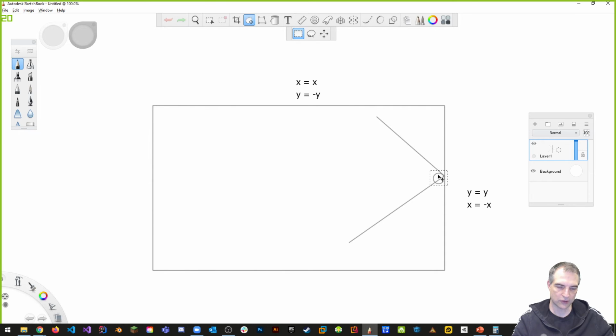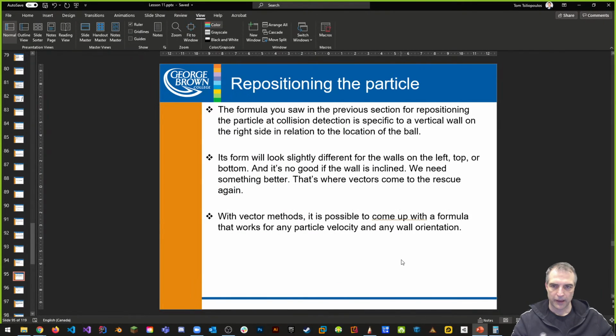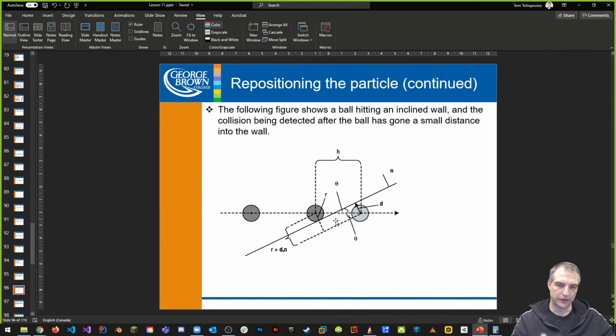And it's going to still go across the same thing. So we're going to collide earlier. It's going to go over here, right? So the ball doesn't sink into the wall. That's the idea behind it. Okay, so the repositioning has to happen. And we talk about the repositioning here, and this is what it's talking about here.